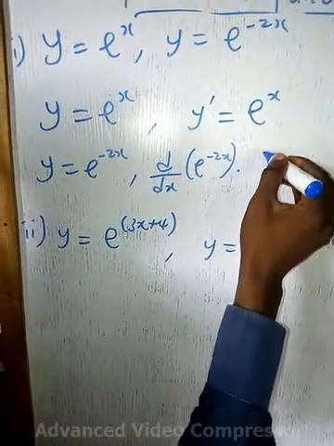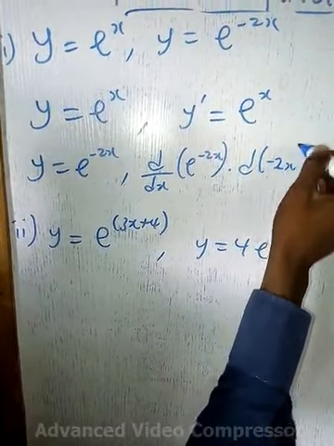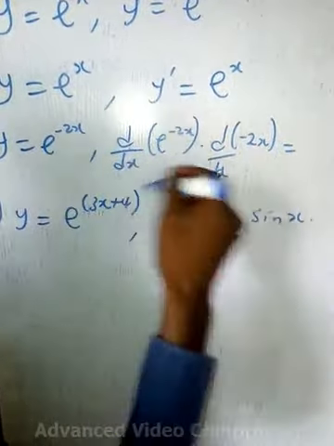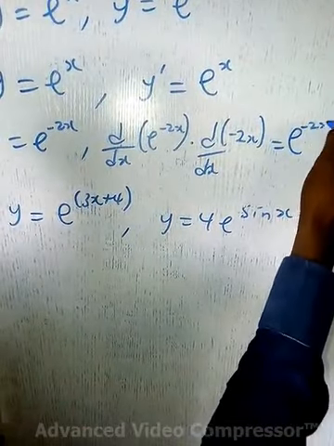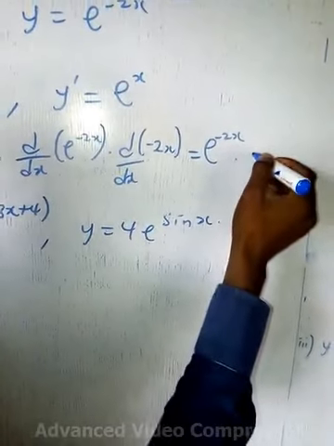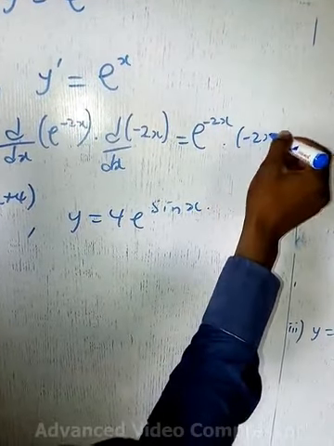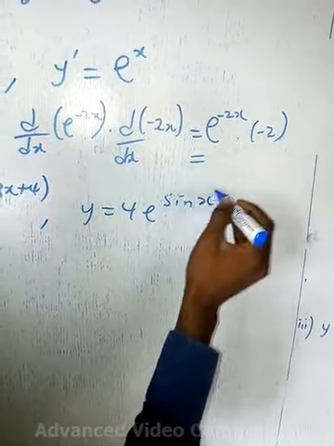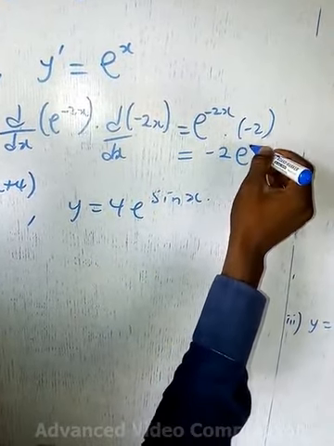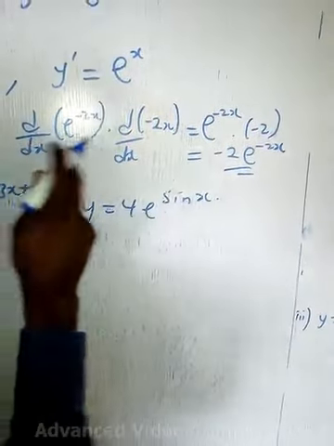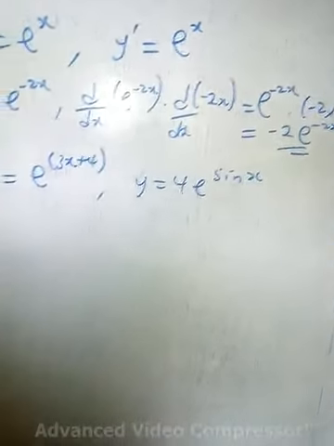Then you can also differentiate the function above, which is minus 2x, with respect to x. Differentiating this whole function gives us back the whole function according to what we said here. Then differentiating this is going to give us what? Minus 2. Then our final answer is minus 2 e to the minus 2x. Hope you get that. I've differentiated it twice. That's the function of a function rule, or chain rule.